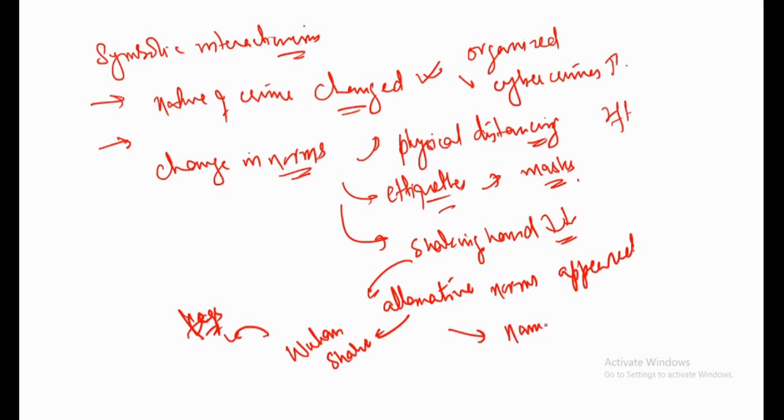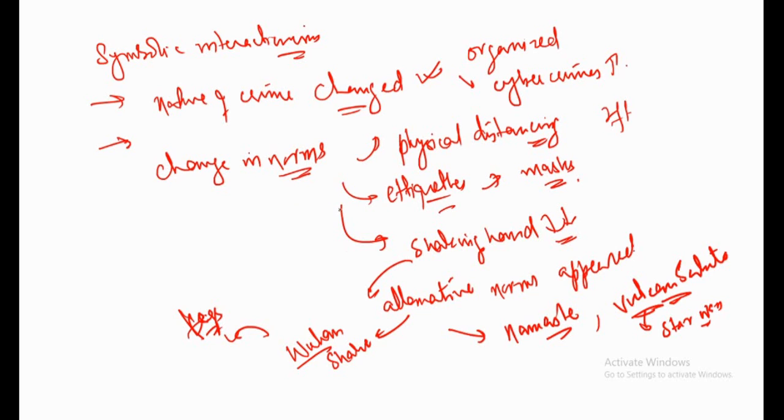People went for namaste. People went for the Vulcan salute, a salute from the Vulcan character in Star Wars. So people were using these methods: Wuhan shake, namaste, Vulcan salute, etc. So there was a change in norms and etiquettes.